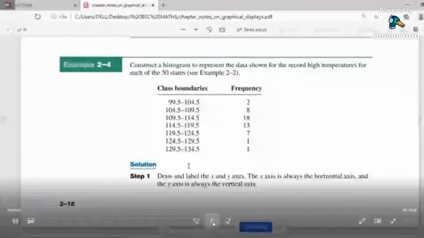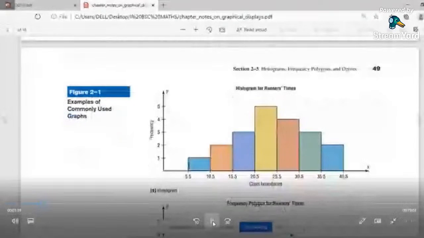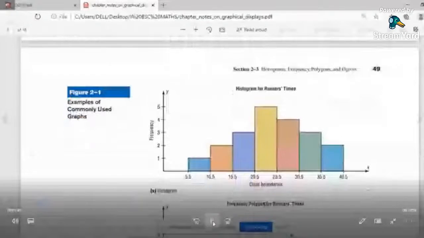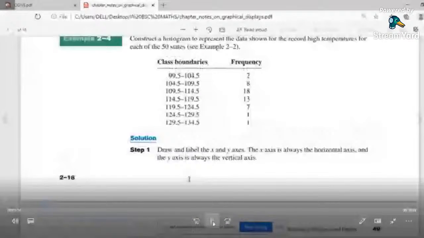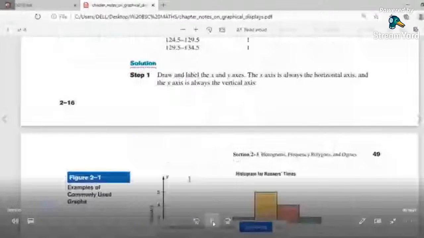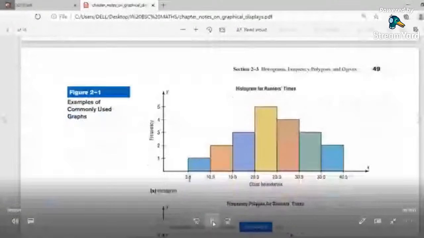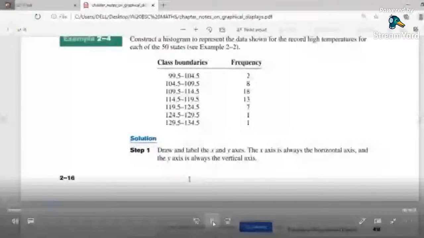So how can we draw a histogram? This is the histogram corresponding to this data. How can we draw it? You just represent the region. Instead of 99.5, they have written 5.5, then 10.5 instead of 104.5.